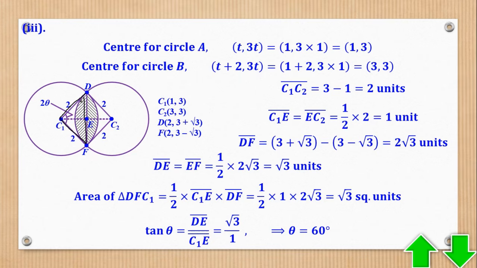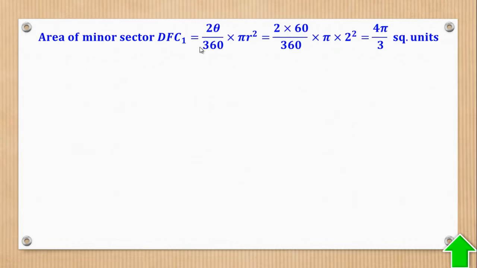Then the area of the minor sector is from here to here, then also to the whole of this, and also here. That is the minor sector. So the whole of that area will be given by that angle 2 theta over 360 multiplied by the area of a circle. And 2 theta will be 2 times 60 degrees over 360 times the area of the whole circle with the radius 2. So we'll come up with 4 pi over 3.